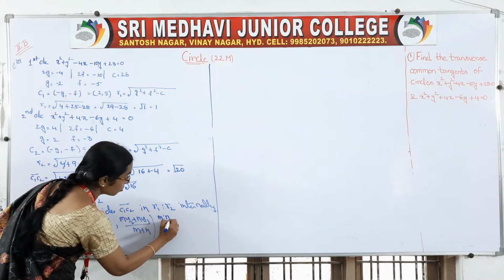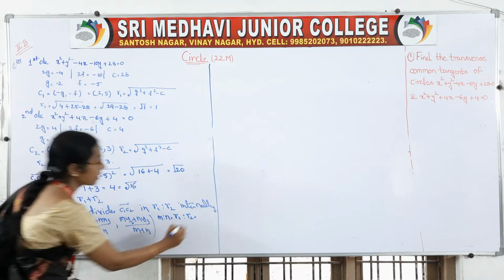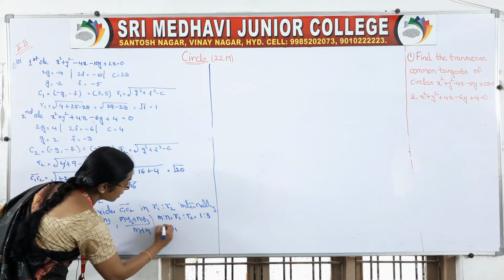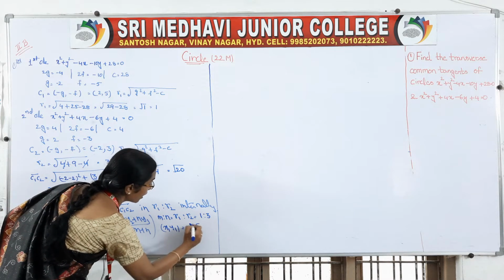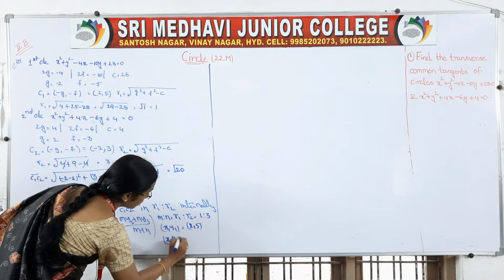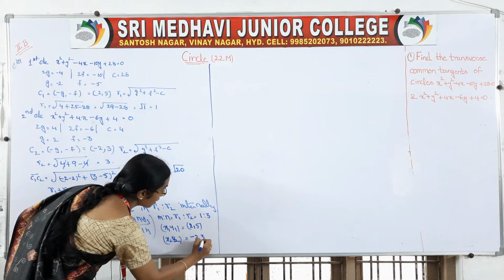So m is to n is equal to r1 is to r2, that is 1 is to 3. And x1 y1 is the first center, what is that? 2, 5. And x2 y2 is the second circle center, which is minus 2, 3.